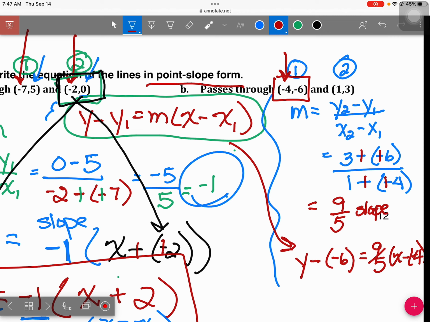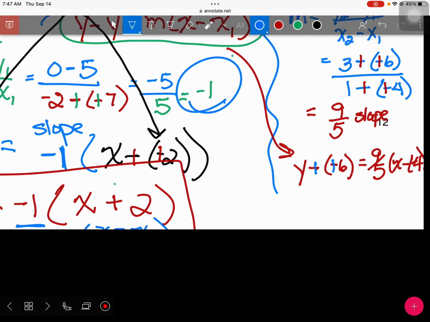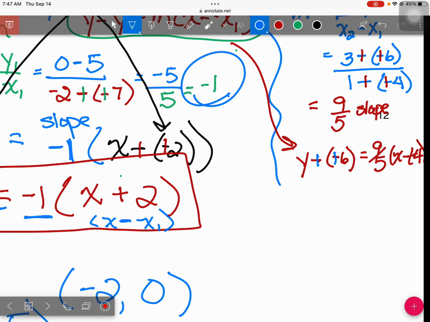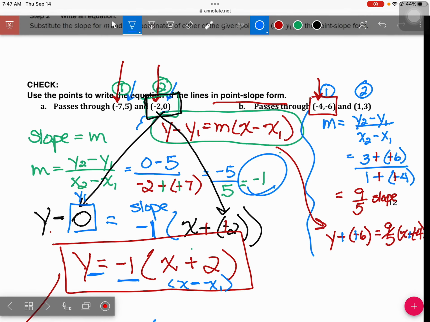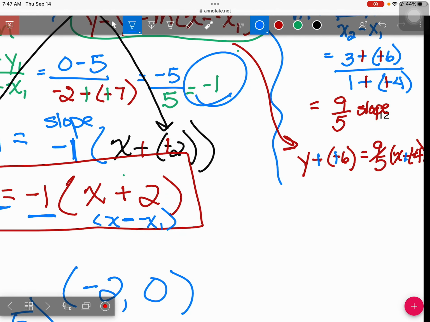Why am I always running out of space? Okay, cannot subtract a negative, so add the opposite. And add the opposite over here. So, final answer, y plus 6 equals 9/5 times quantity x plus 4.